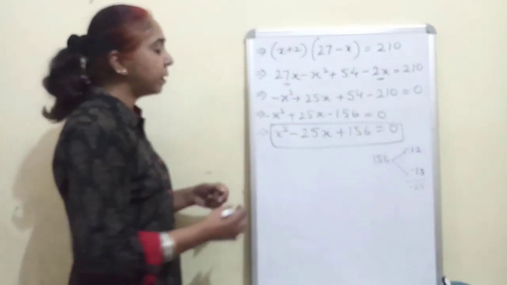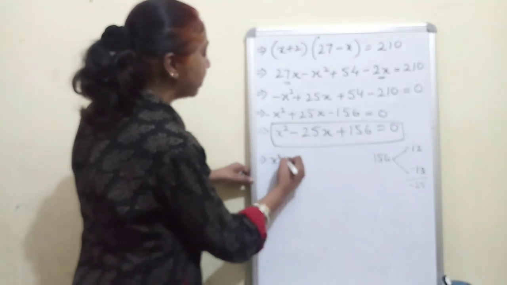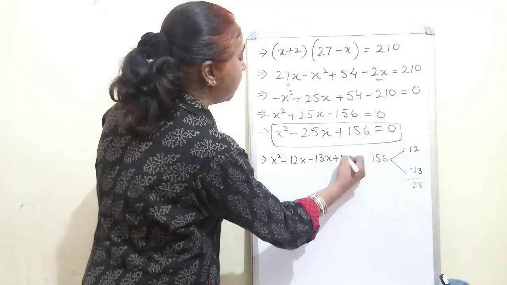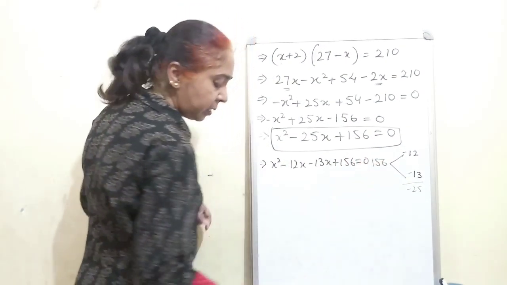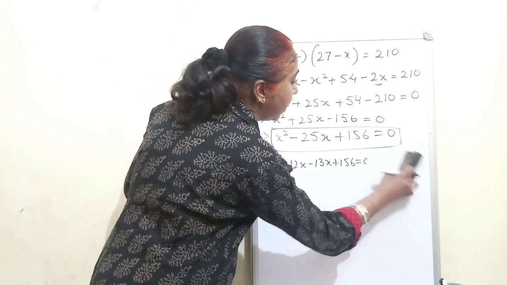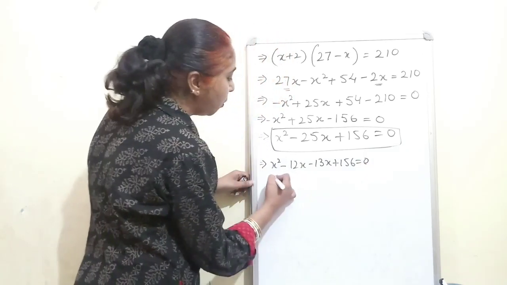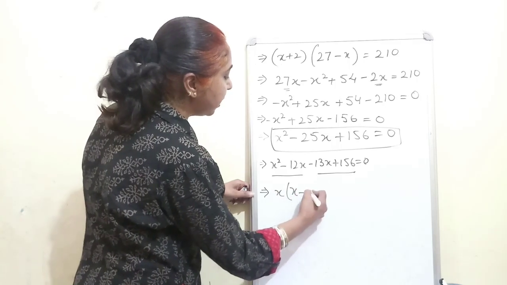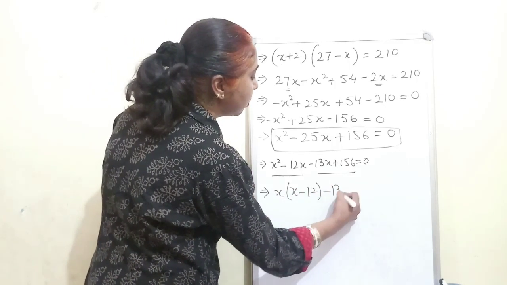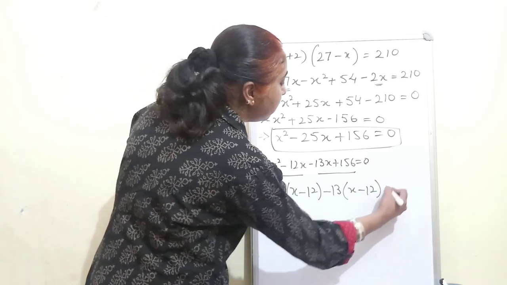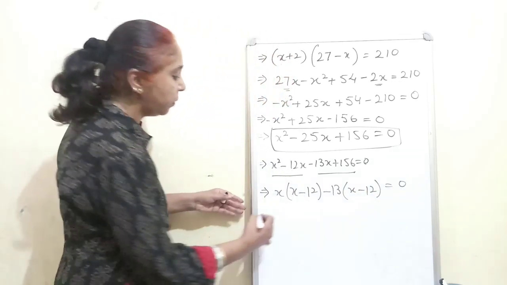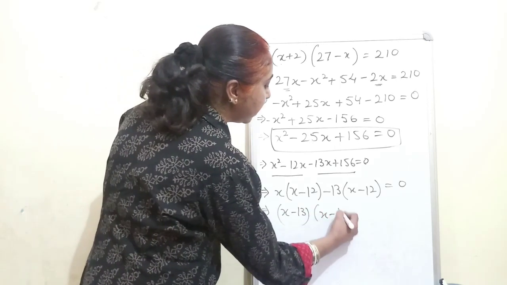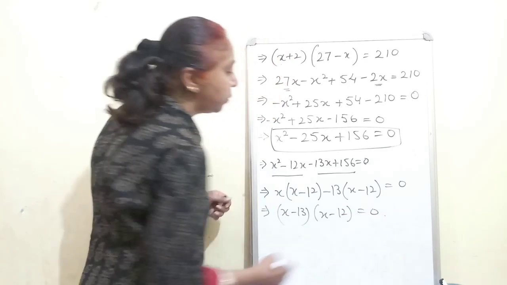So these are the required factors, so write it here. x square minus 12x minus 13x plus 156 equal to 0. And now take common from the first two and next two. You will get x common, x minus 12, minus 13 common, x minus 12 equal to 0. And finally you will get x minus 13, x minus 12 equal to 0.